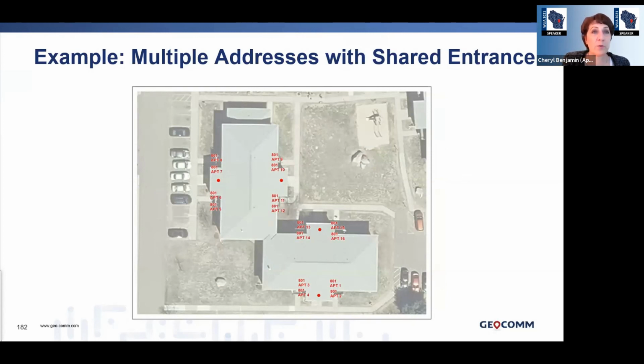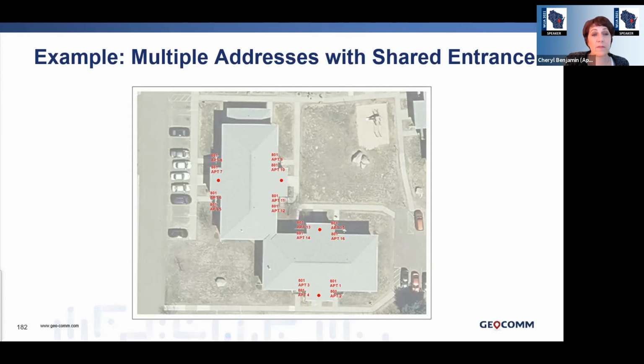So in this case, what you want to do is get those responders to the correct entrance so you can stack their points at the appropriate building entrance. If you know where those individual units are within, you could go ahead and put those points directly on the units and then create access points into the structures. But in most cases, you really don't have that level of detail, and trying to obtain it can be very resource intensive.